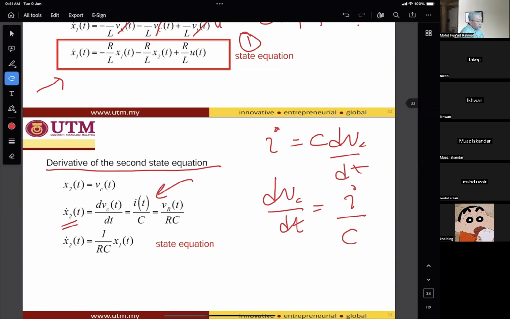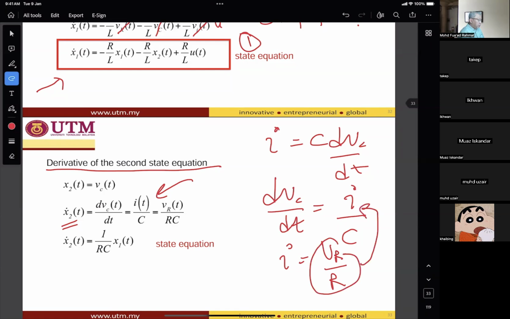But I is not involved in the state variable, so we have to replace it with VR over R, Ohm's law. So this I, VR over R, we replace inside here.